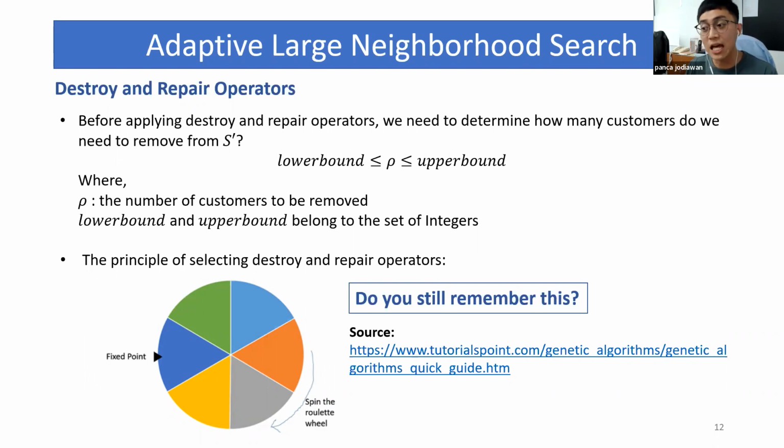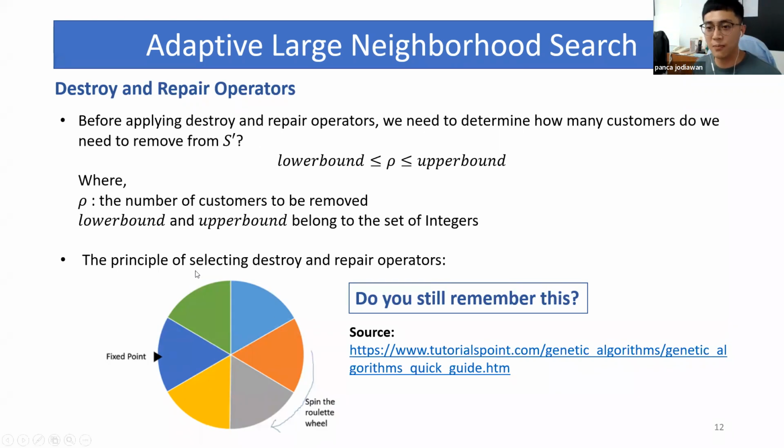Here we use the roulette wheel to select the destroy and repair operators. Please take note of the difference between adaptive large neighborhood search and genetic algorithm. In adaptive large neighborhood search, we use the roulette wheel to select the destroy and repair operators.